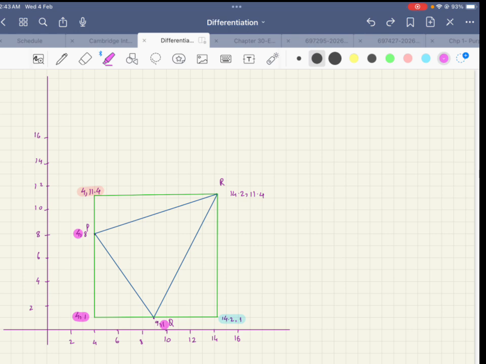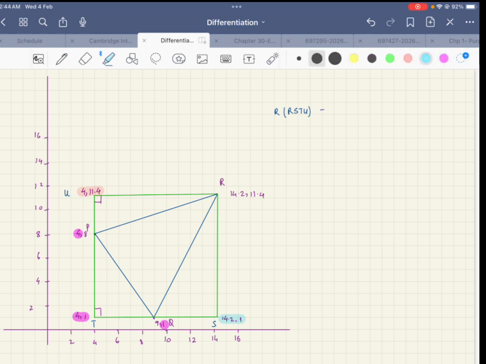Now what are we going to do? As we can see, it has become easy. Why has it become easy? Because now we have right angled triangles. We can find the area of the rectangle. Let's name this R, PQR. This is S, this is T, and this is U. So rectangle RSTU minus which triangle?